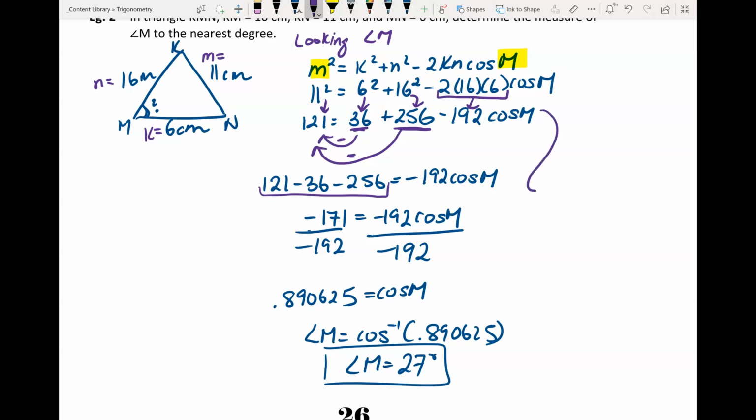From here to here, you try to isolate cos M, and I did that by moving 36 and 256 to the other side, or in other words, subtract 36 on both sides and subtract 256 on both sides. And then I simplified the left-hand side, then divided both sides by negative 192 in order to isolate cos M, and then took the cos inverse of both sides.